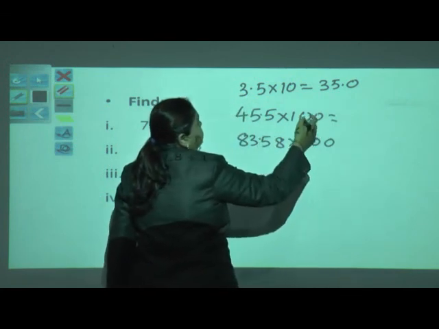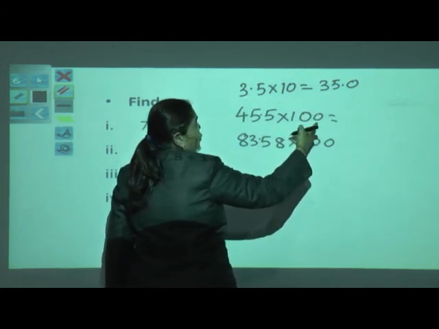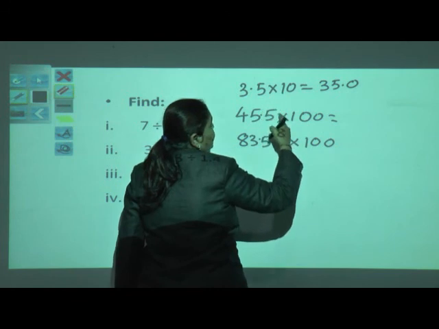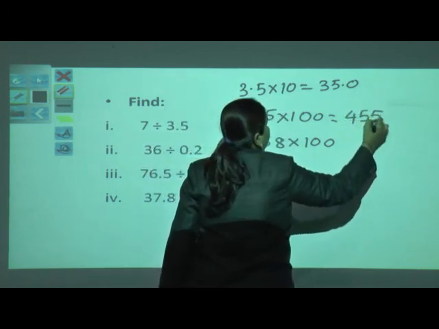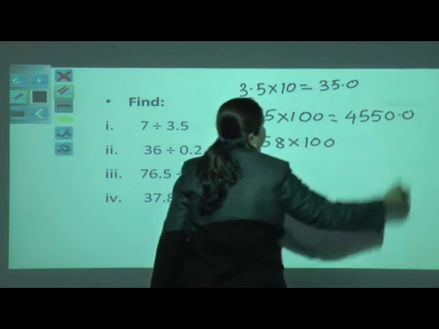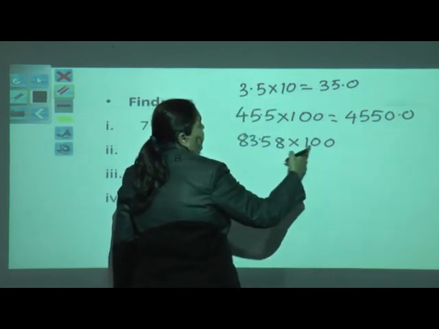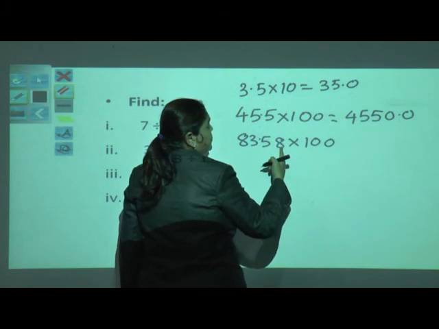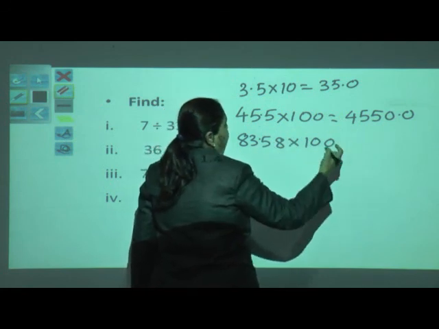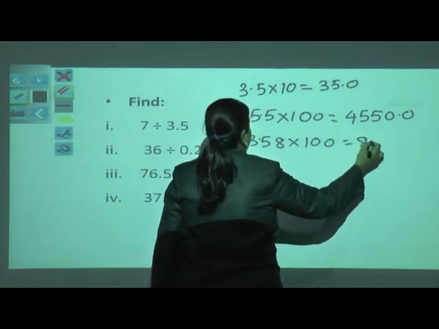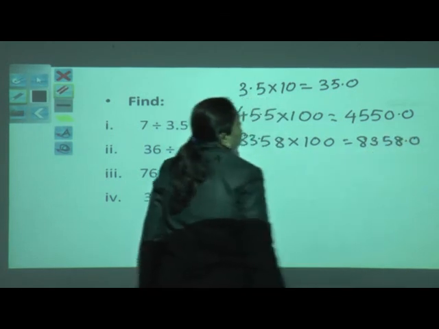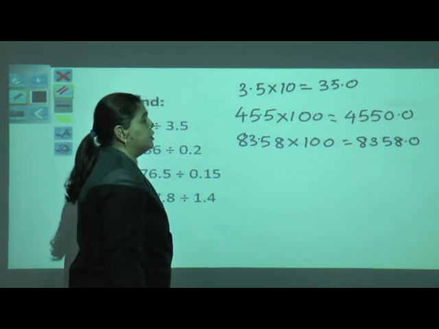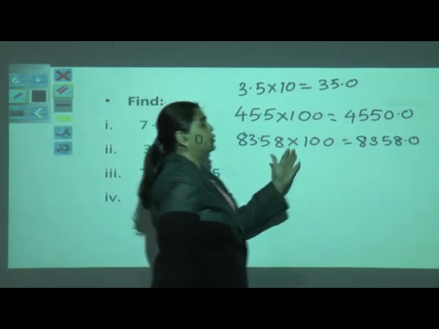What will be here? 2 zeros, it is 100, so it will go 2 digits forward, so 4550.0. Here multiplication with 100, so 2 digits, it will go forward or to the right hand side, so the answer will be 8358.0. It is a multiplication, so we have to go to the forward side.